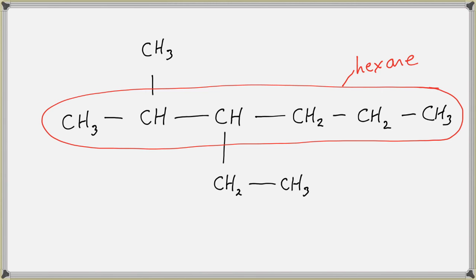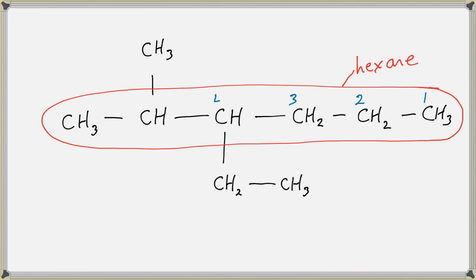Now that means that anything that's not the parent is a branch. So step number 2 is we need to number the parent so that I know where my branches are. Now I can number the branches from either the left side or the right side, but I always want to number it so that the branches get the lowest numbers possible. So for example, if I number this from right to left, I get 1, 2, 3.